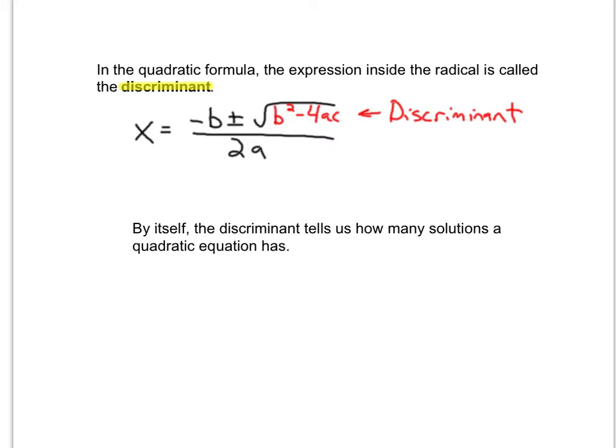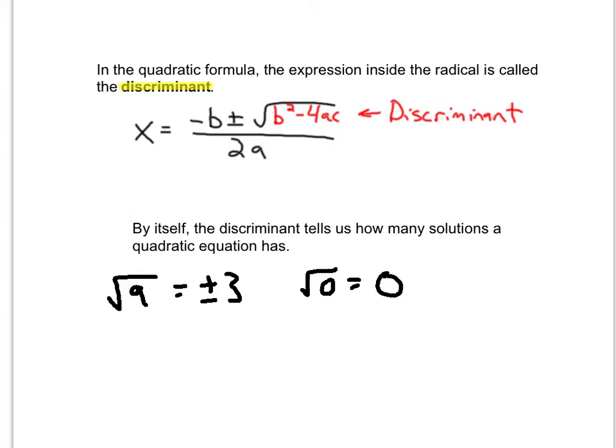And here's why. Let's say I asked you what the square root of 9 was. Well, we know that can equal positive or negative 3. So the square root of 9 has two solutions. It's got a positive 3 and a negative 3. If I asked you what the square root of 0 is, I mean what times itself is 0, well, there's no positive and negative answer, it's just 0.